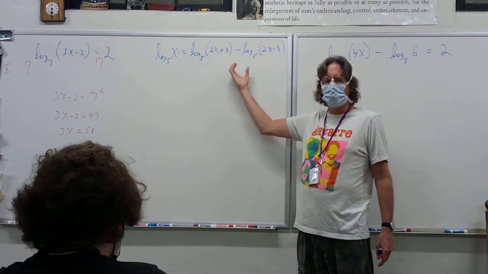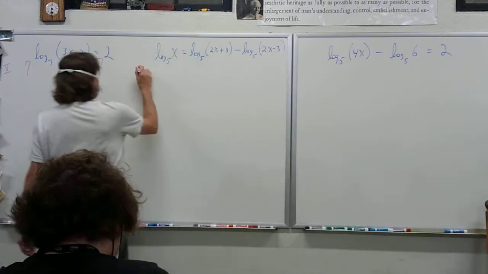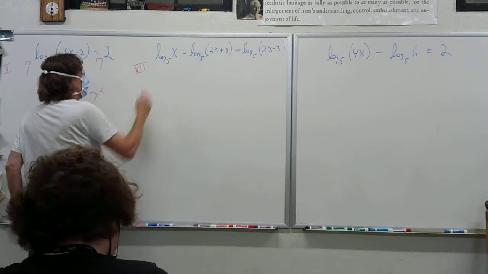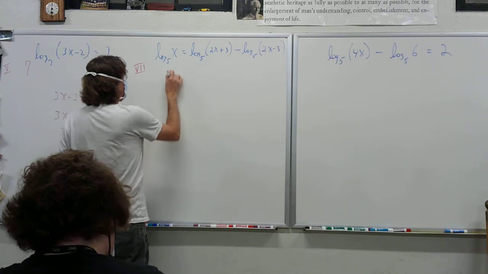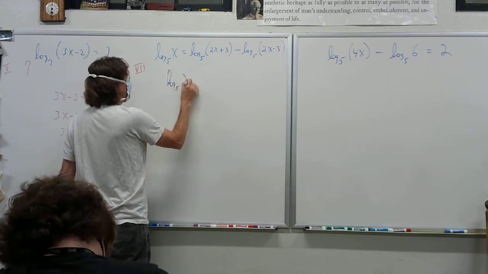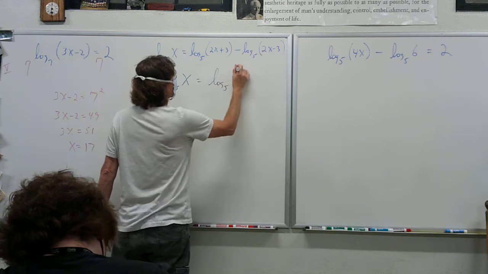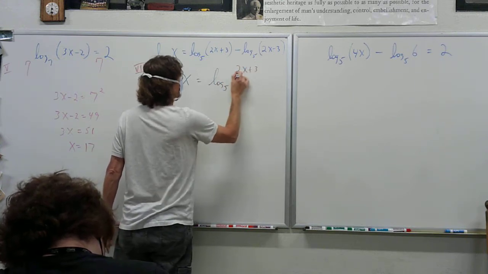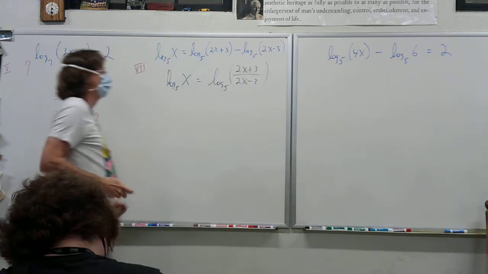You need that just to be one log. So what rule, since that's a minus, we're going to use rule 7. And yes, we're going to divide. So we'll get log base 5 of x equals log base 5 of (2x plus 3) over (2x minus 3).